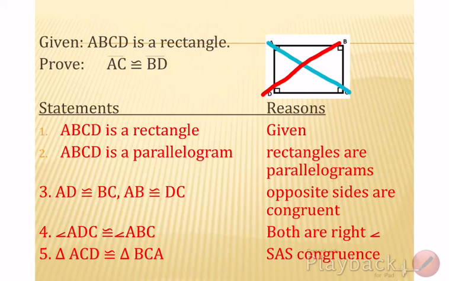AD is congruent to BC, and AB is congruent to DC. So where is AD? It's up here. BC is over here. They're congruent because opposite sides are congruent.